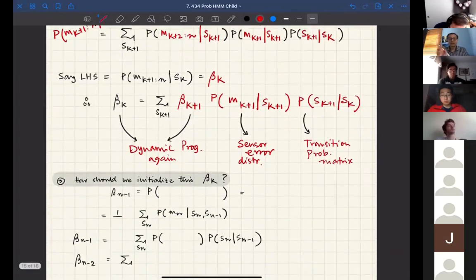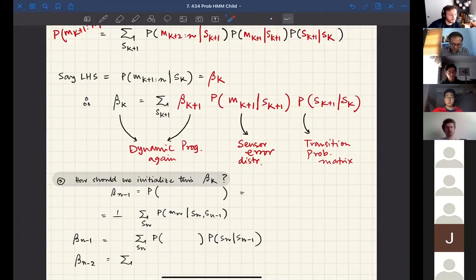The only thing is, how should we initialize beta k? What is beta 1? Actually, is it beta 1 now? Because you're going backwards. I'm going backwards, exactly. So I have to basically start from beta n minus 1.